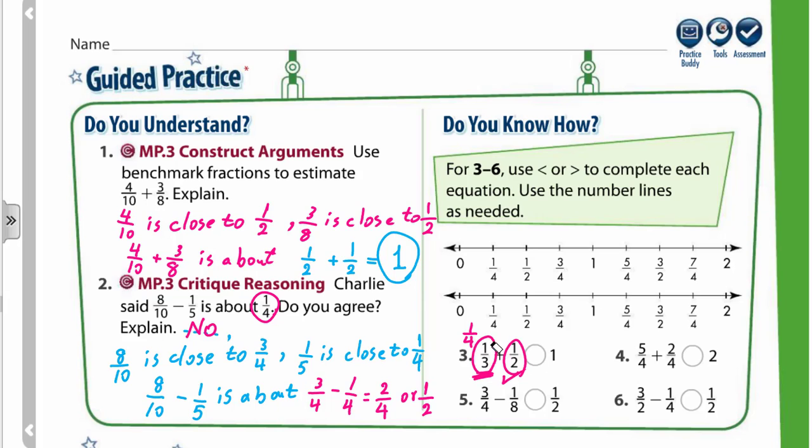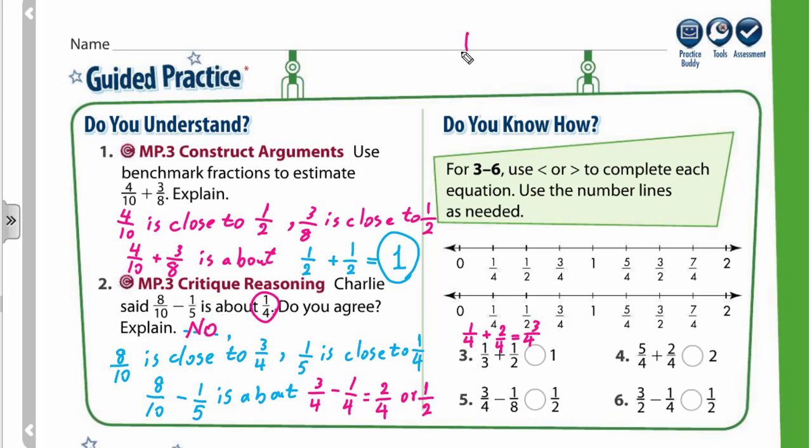And the other one is 1/2 already, which is 2/4. 1/4 plus 2/4 is 3/4. So this is less than 1, right? Yeah. But remember, 1/3 is more than 1/4, but it is not close to 1/2.